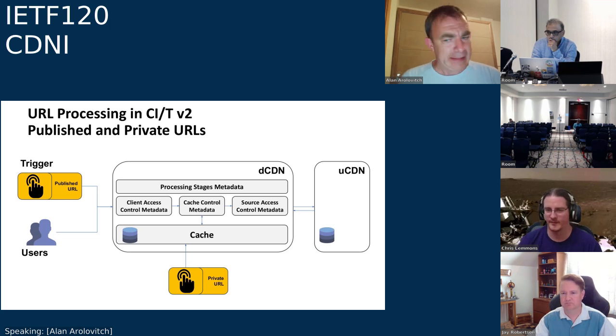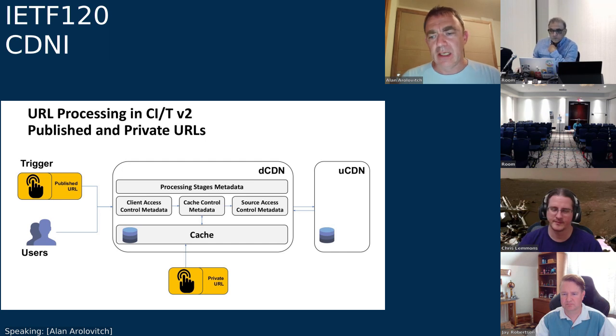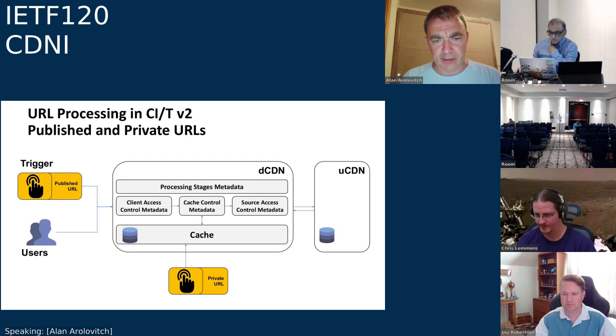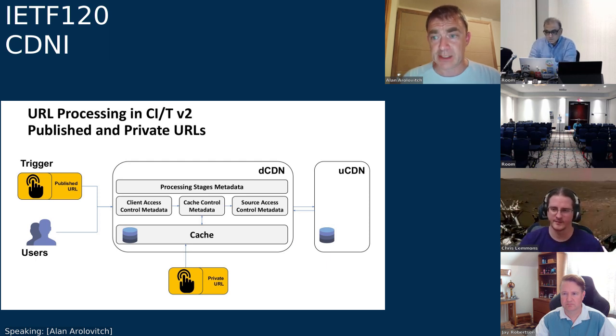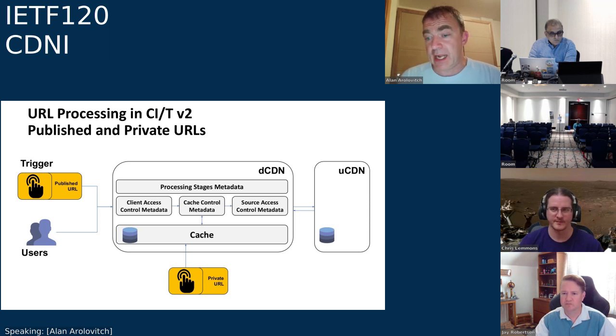So all the metadata objects that may exist within DCDN and control behavior here, starting from client access control, cache control metadata, source access control metadata, processing stages, things of that nature, they have to be processed before. So, by way of example, let's say you have to transform the URL to generate a cache key, and that's something that cache control metadata dictates.